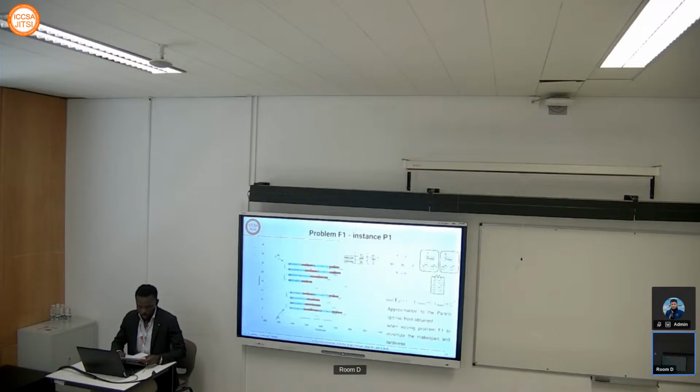This slide presents the Pareto front obtained by solving the F1 problem. For instance, P1 to minimize makespan and tardiness, 2 non-dominated solutions were obtained. Solution A1 is better than solution B1 in terms of makespan, but worse in terms of tardiness.